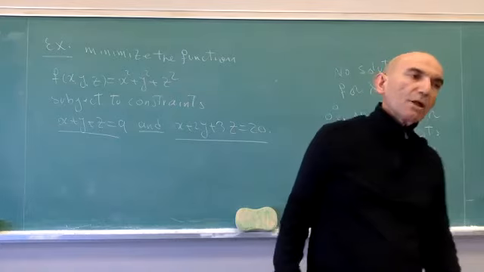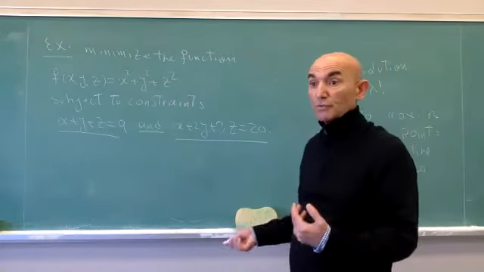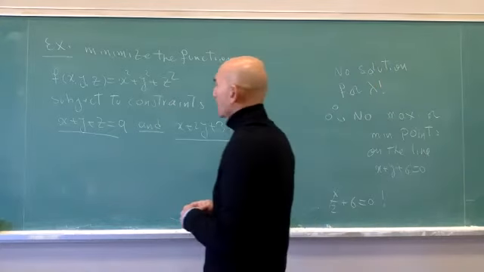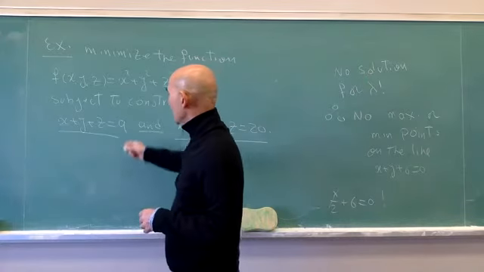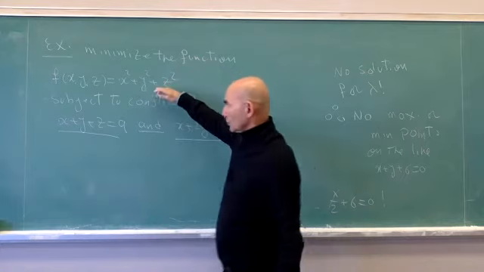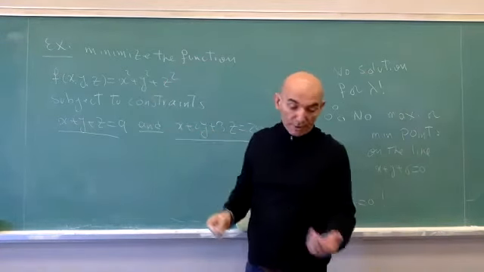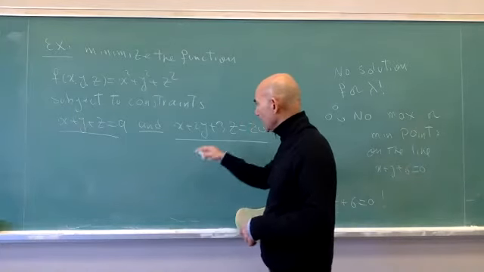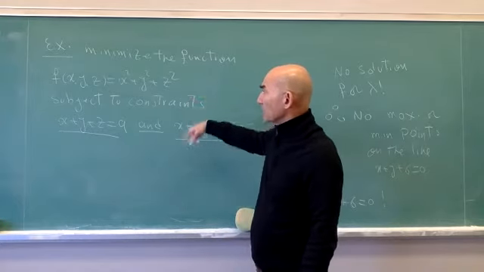I did not discuss situations where we have 2 constraints. What should we do if there are 2 constraints? So there is room to discuss also maximizing, minimizing, extremizing functions subject to 2 constraints, 3 constraints, things like that, right?